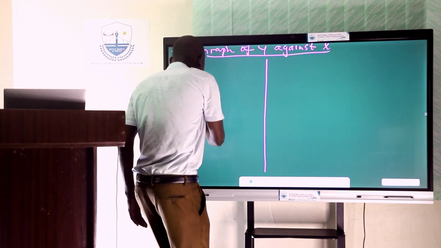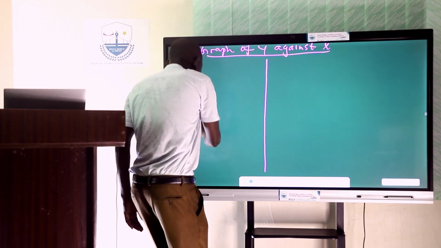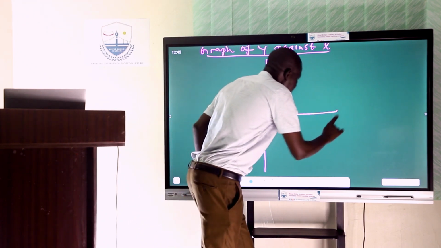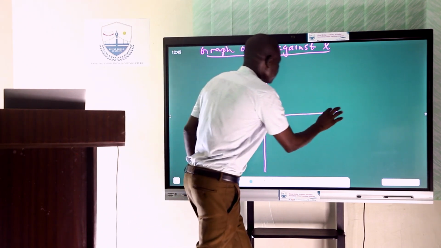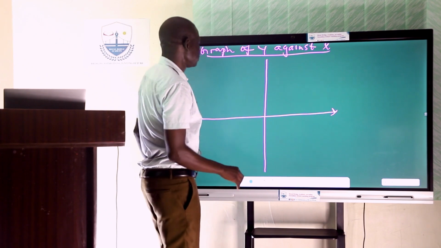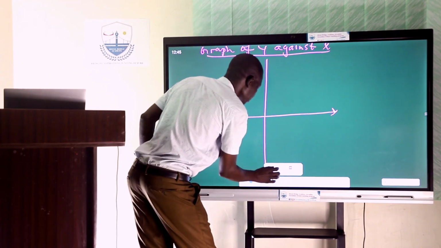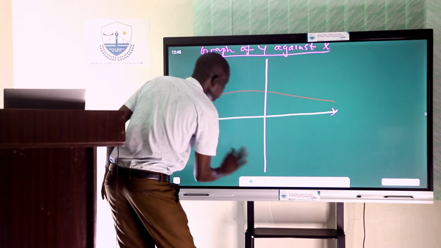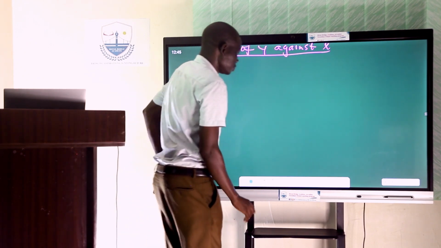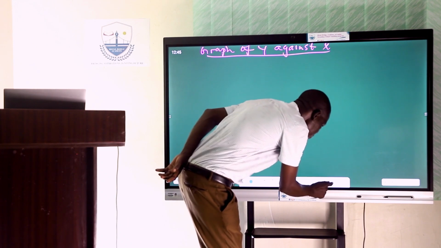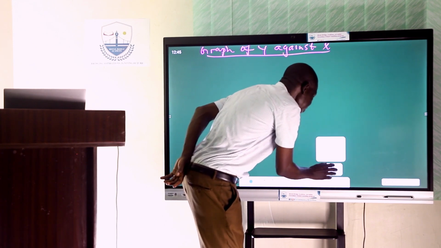This is the y-axis. Then we have the x-axis. Okay, let us insert the line.